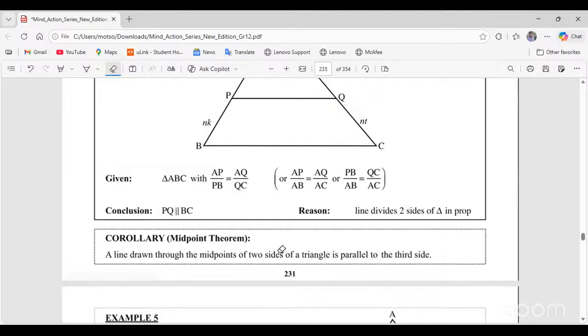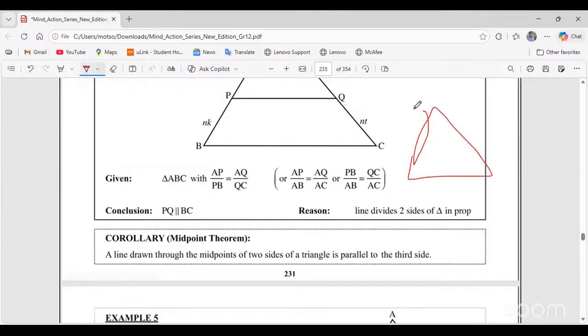They say a line drawn through midpoints of two sides of a triangle is parallel to the third side of the triangle. Now, let's say we have this triangle A, B, and C here. And then I draw this line such that this line bisects AB and also bisects AC.